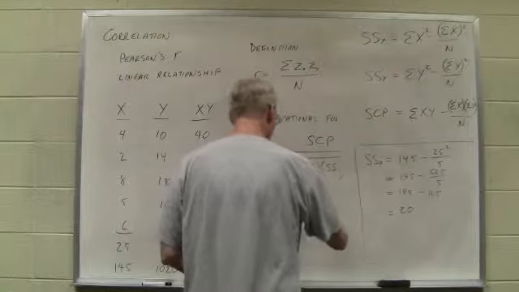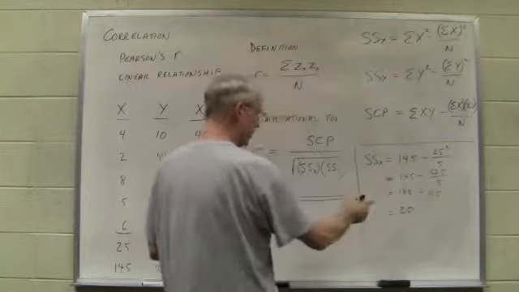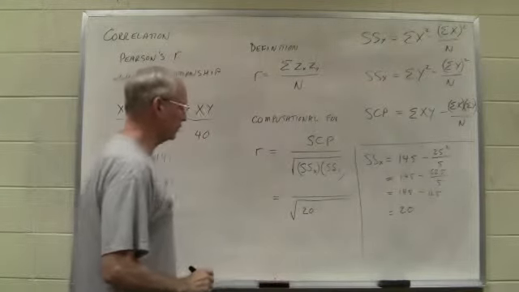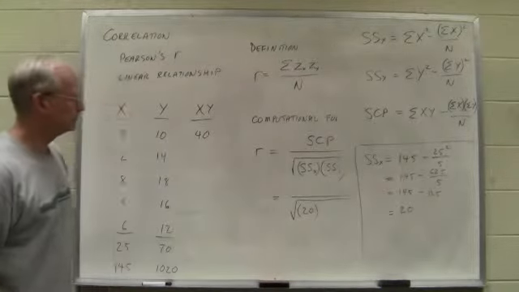So over here, I've got one of my denominator terms. Sum of squares of x's is 20.